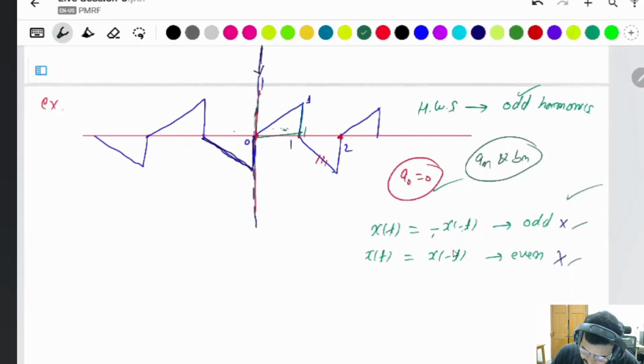It means there are odd harmonics, and the sum of sine and cosine both, An will be 0.